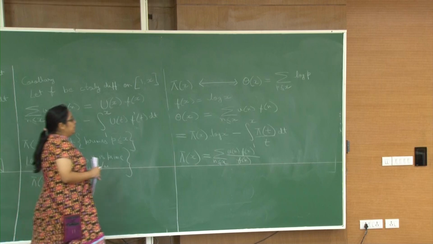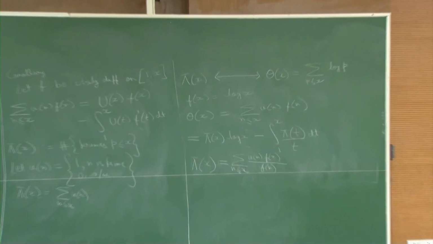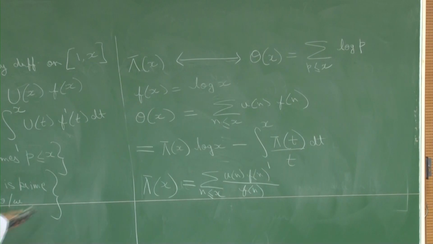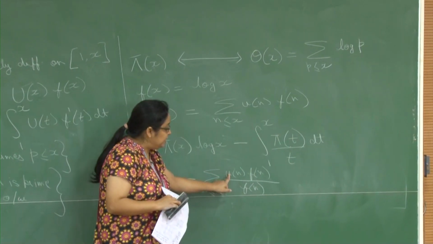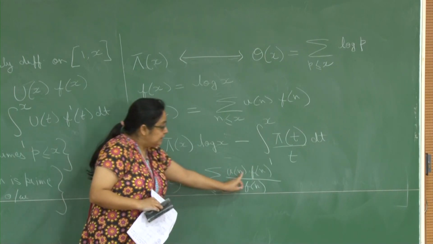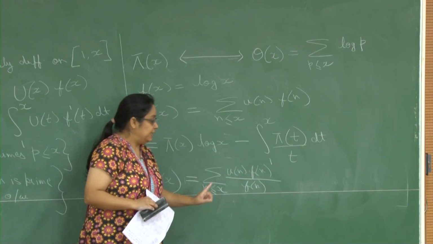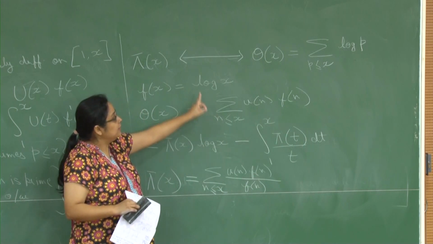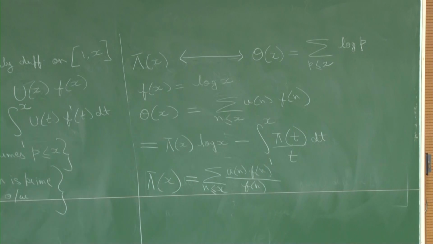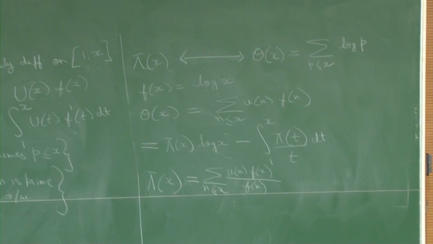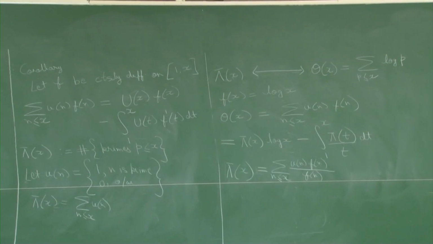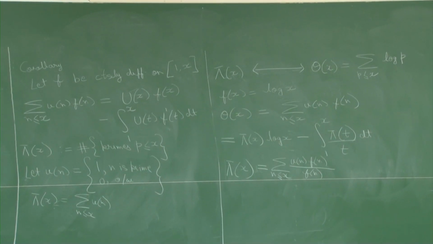Now we apply the partial summation technique to the arithmetic sequence u of n times f of n and the function 1 over f of x, but now we have to be careful because at x equal to 1 this is not defined. So, instead we start with the interval 3/2 to x.